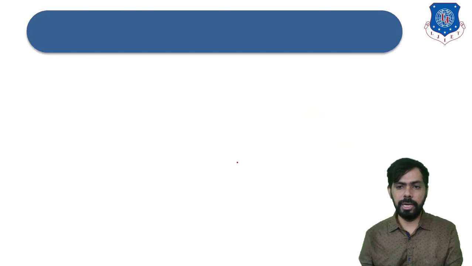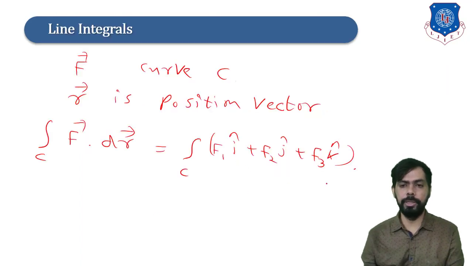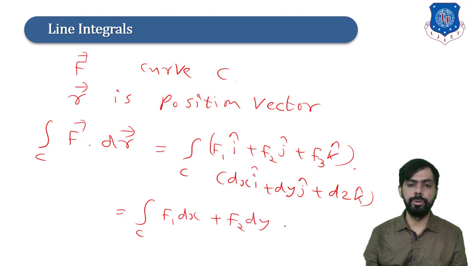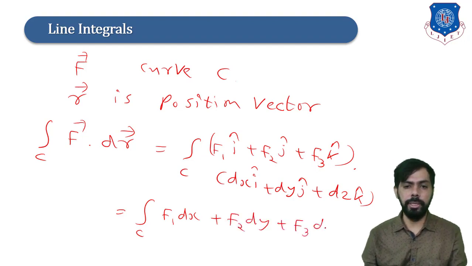Because r is x i plus y j plus z k, dr will be dx i plus dy j plus dz k. So the dot product of these two vectors will be the integral over C of f1 dx plus f2 dy plus f3 dz. This is called the line integral.